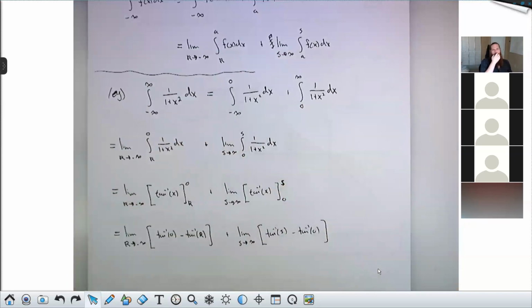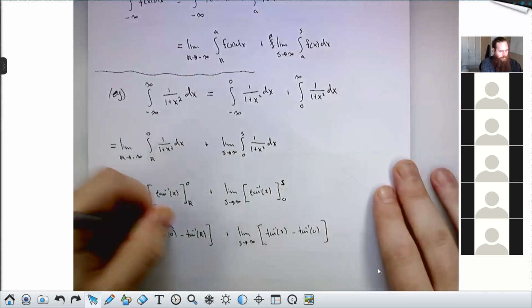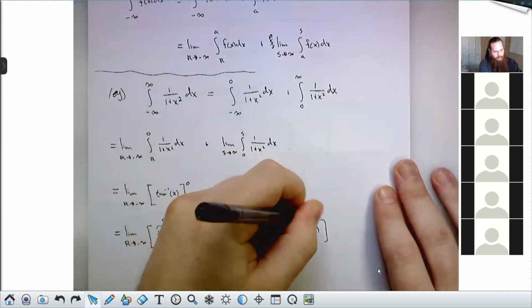What is the inverse tangent of 0? We needed this on the test. 0. Good, yeah, this is 0. And this is 0.